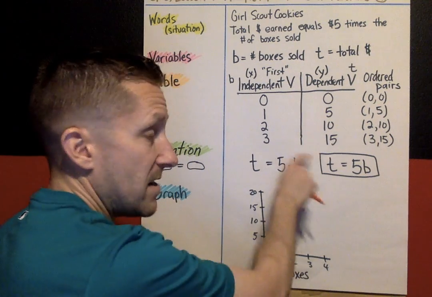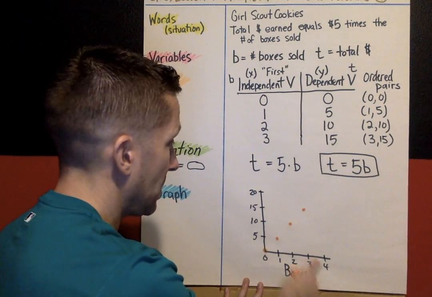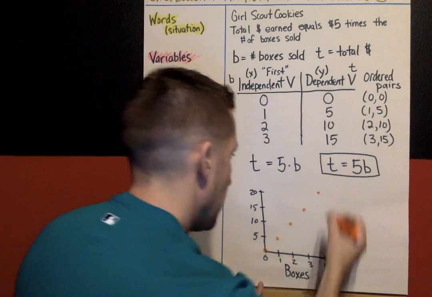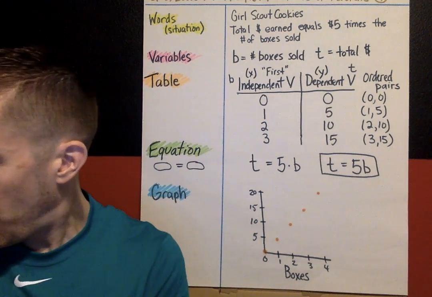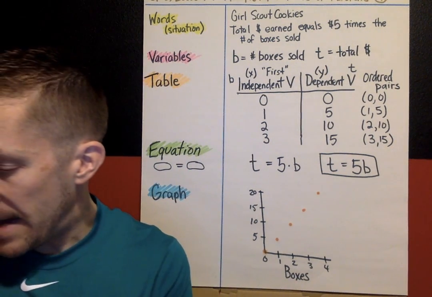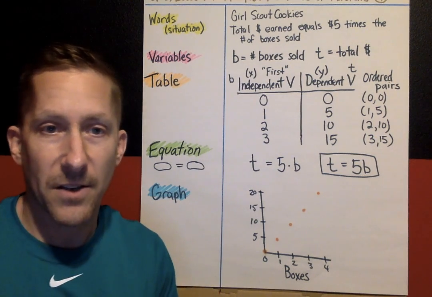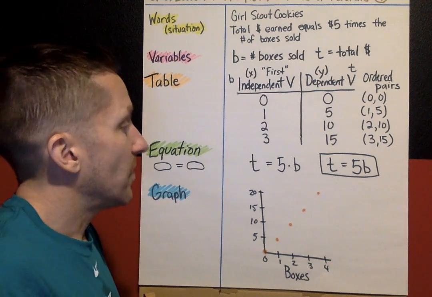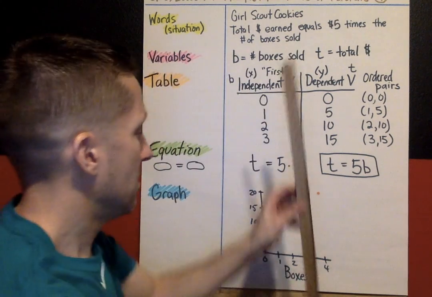And it's not on here, but if I sold 4 boxes of cookies, I'd have 20 bucks, so it would be right there. And hopefully you recognize already that that is a linear function. When I connect those dots, I am going to get a line.